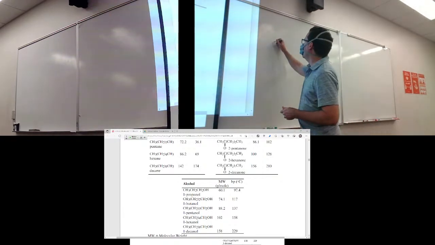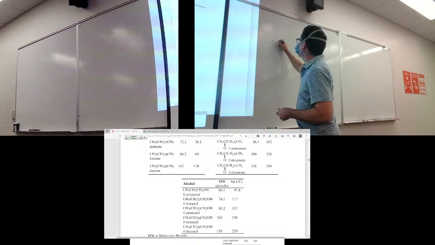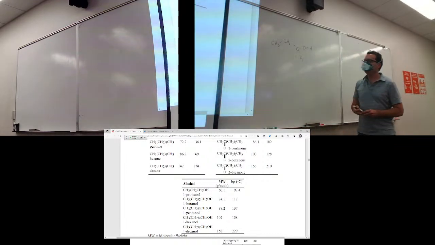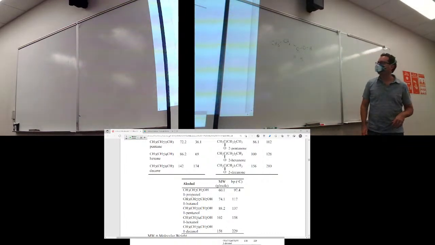So if you had to draw this out, or let's do condensed. And then I kind of highlighted the bonds that really matter here. Which one of these is the shortest bond? The OH.